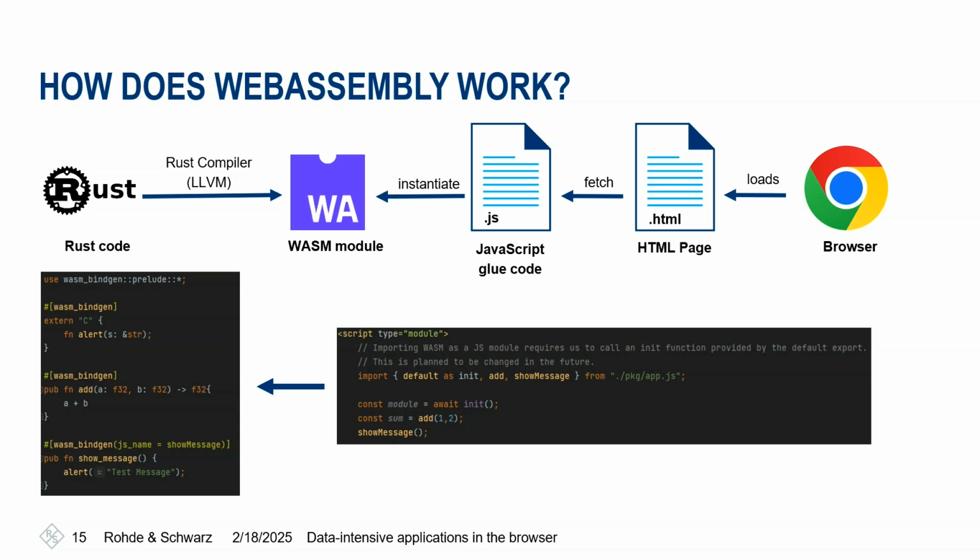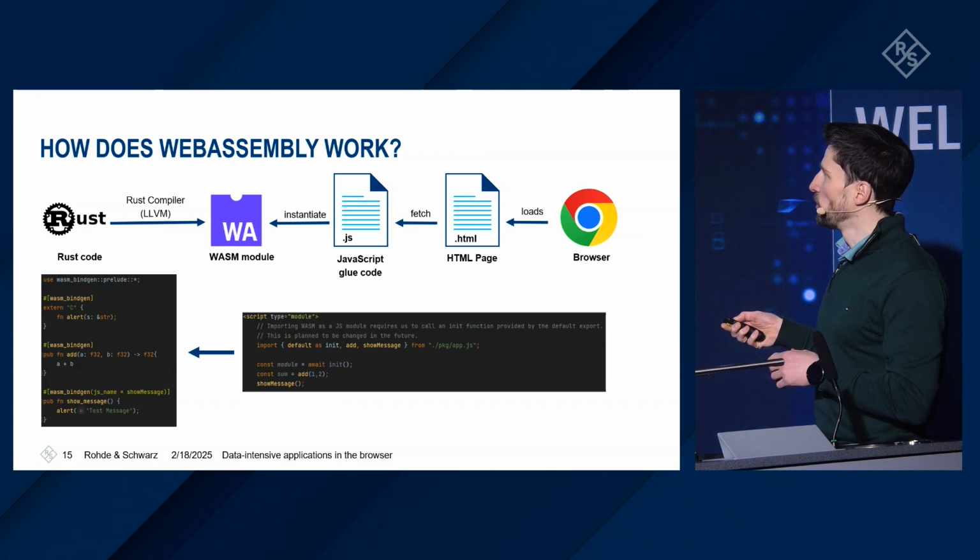So just to give you a short example so that you get a basic picture about it. Here, for example, you have a Rust add function. Then you annotate it with this Rust wasm-bindgen attribute, which basically exports this function. And then if you're using, for example, wasm-pack and wasm-bindgen, it's quite easy to do.